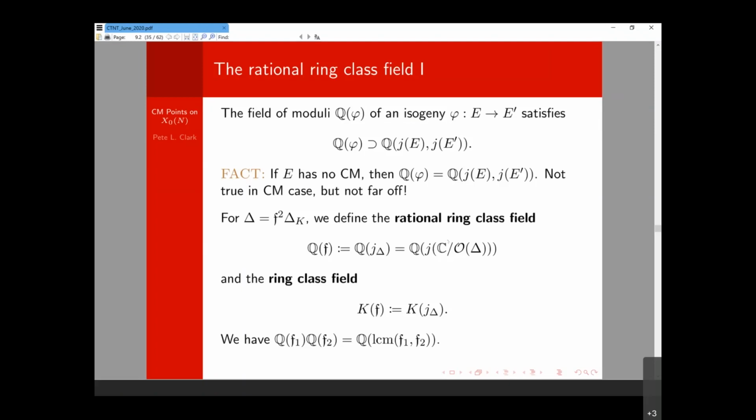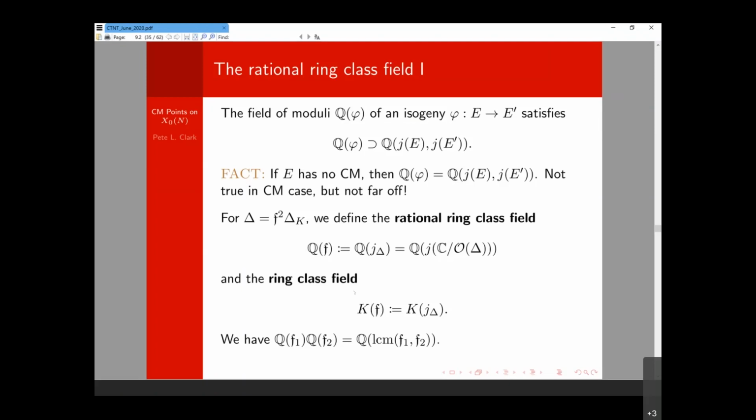Okay, so K is fixed, so I'm sort of indexing it by the conductor. So this is the rational ring class field. That name is not super standard, but again, this is the number field generated by a root of the Hilbert class polynomial of discriminant delta, so it's definitely a known number field.